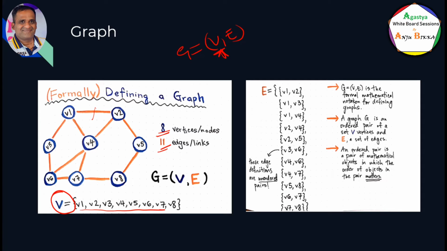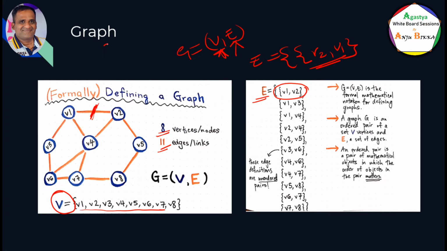And E is the edges. When we write E equal to, this edge can be represented either as {V1, V2} or as {V2, V1}. The order doesn't matter.